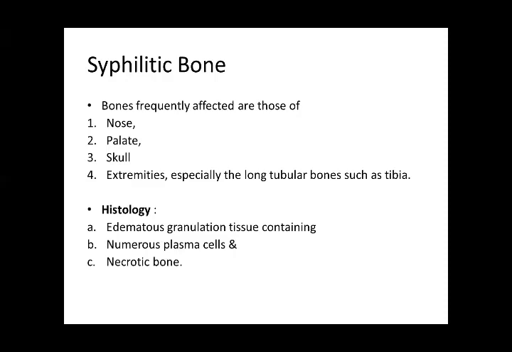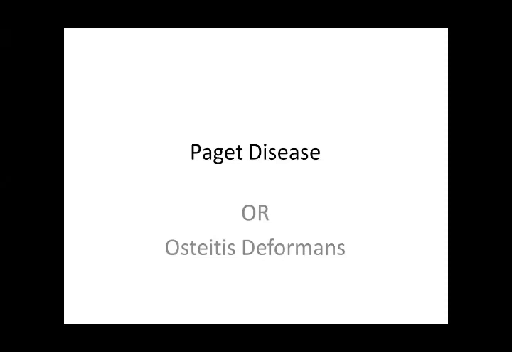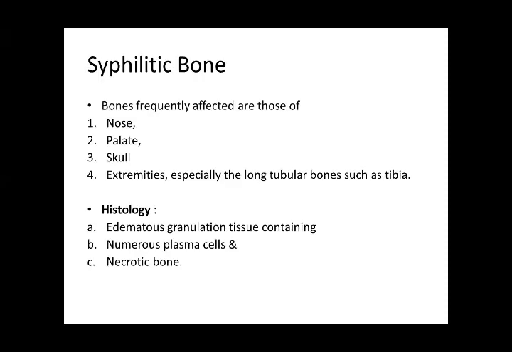Histology: occlusive vasculitis and edema are present here, with granulation tissue containing numerous plasma cells and necrotic bone. We'll cover the pediatric disease later, but thank you very much for being a patient listener.